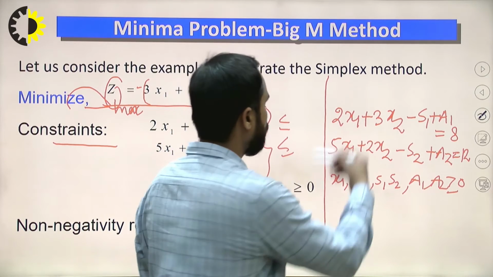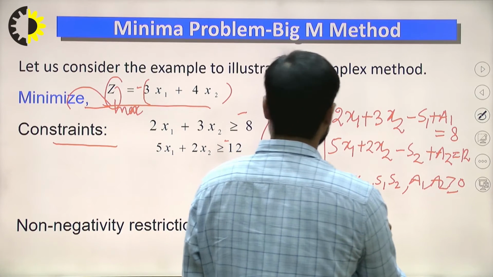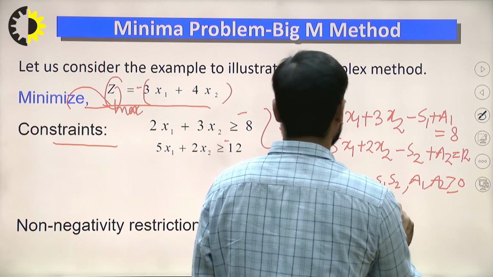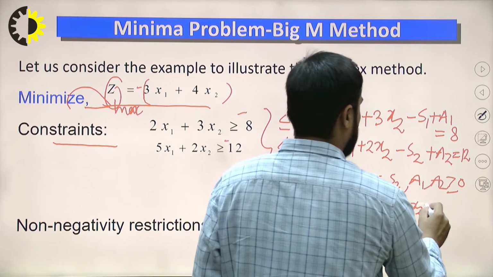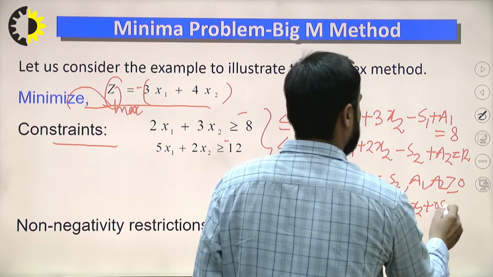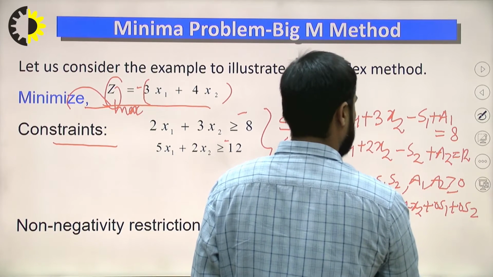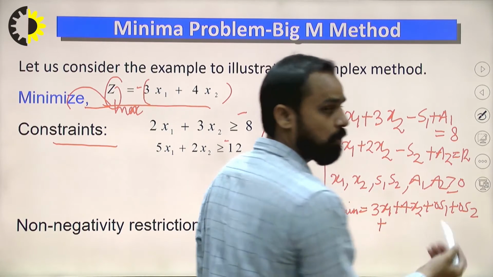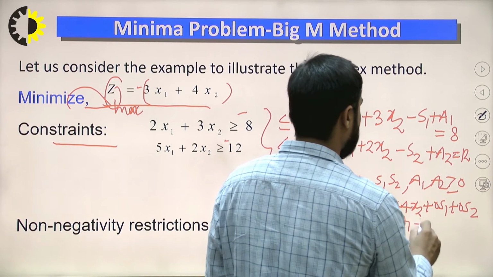Right? Now the objective function, since the problem belongs to minimization, is 3x1 plus 4x2 plus 0s1 plus 0s2, and plus Ma1 plus Ma2, because it is minimization.